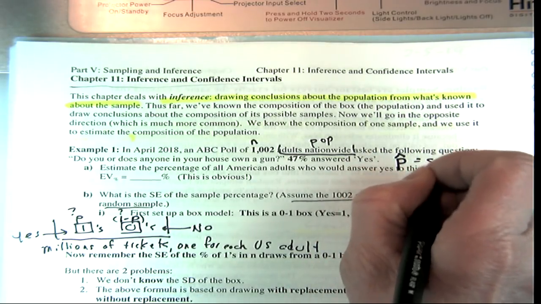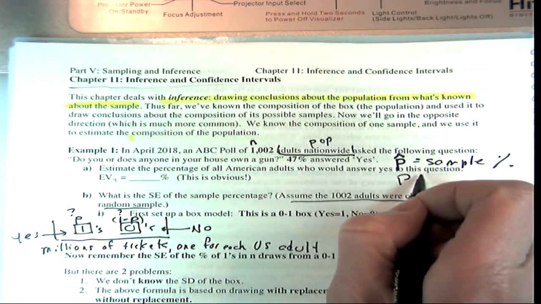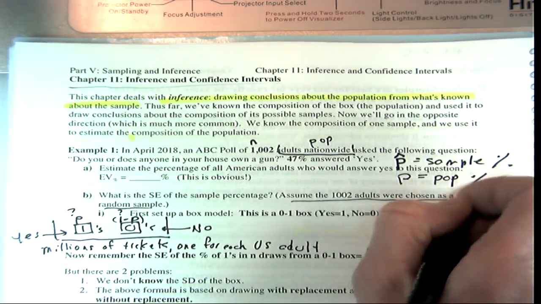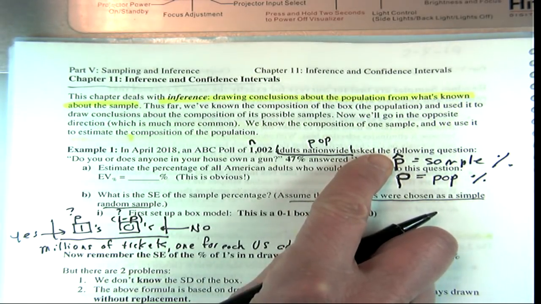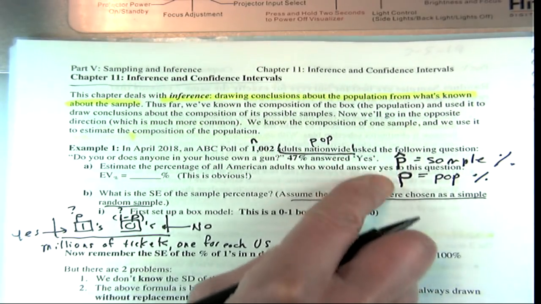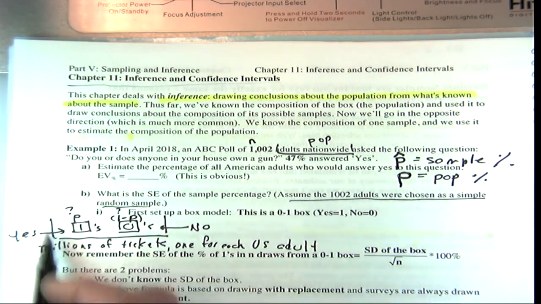So that's the sample percent, and P is the population percent. Otherwise it would get too confusing. You're going to see that a lot. The hat just means from the sample. Okay, so this is what it looks like.